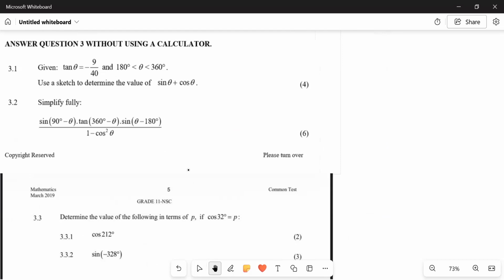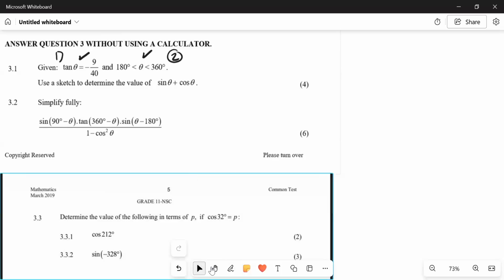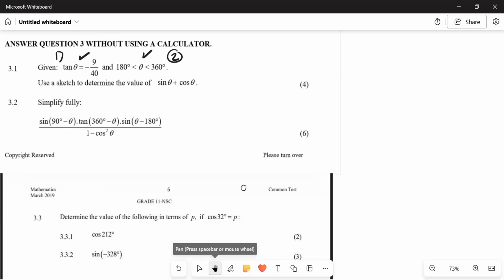So basically, this is condition number 1, and then this is condition number 2. So we have to use these conditions to draw our triangle on our CAST diagram, right? The question says, use a sketch to determine the value of sine theta plus cos theta.